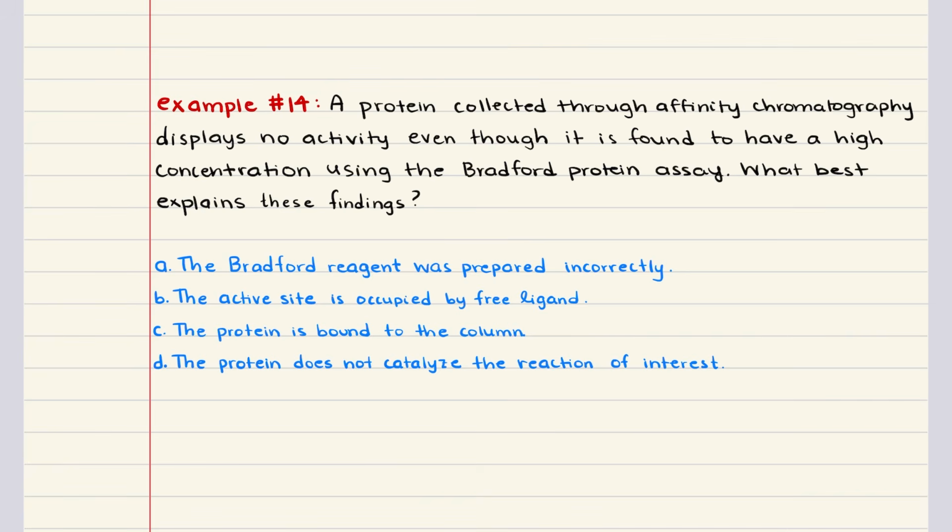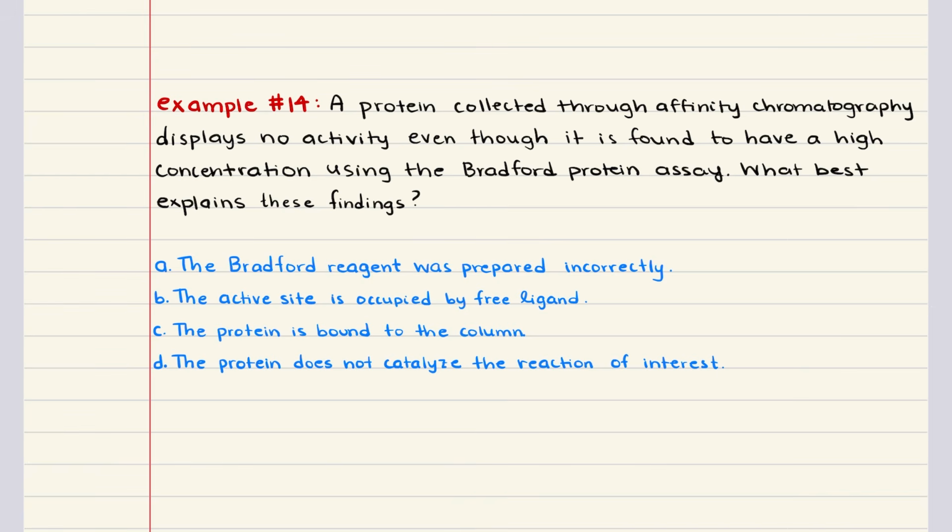Now, the Bradford assay measures total protein concentration based on the binding of the dye to amino acid residues, but it doesn't assess whether the protein is active. That means the protein could be present, but not functional for several reasons. One likely explanation is that during affinity chromatography, the protein may have co-eluted with excess free ligand used in the purification process.